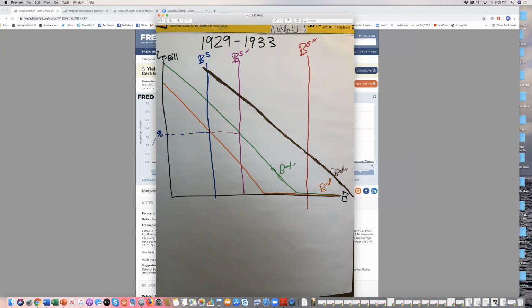It increased the demand for the monetary base enough to push the nominal interest rate up some. So it's a good thing that inflation wasn't lower, because that kept the real interest rate from being really, really high. But if they hadn't made that mistake, they could have had the nominal interest rate lower, and assuming inflation stayed around the same, then the real interest rate would have been lower too.